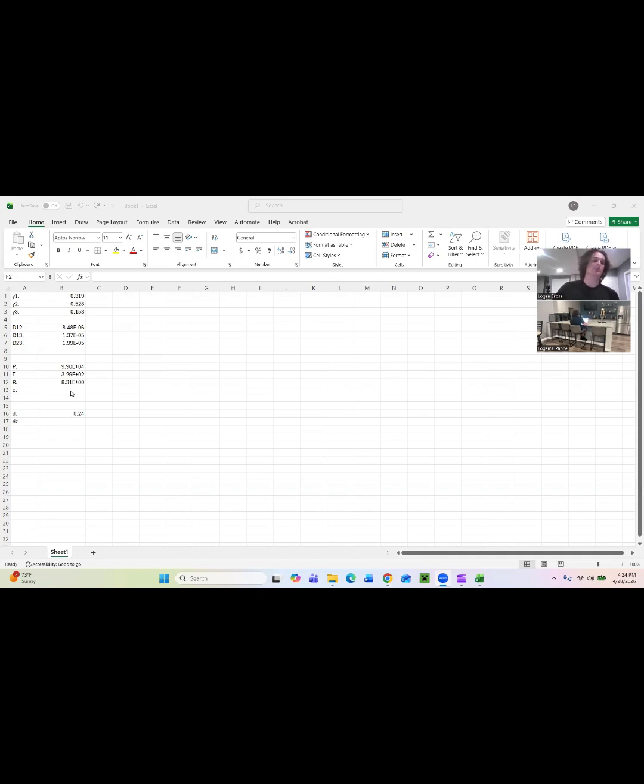So what do we need to put in here? We need to put in our concentration, right? So that's going to be our pressure divided by our temperature times our R. And so that's our concentration value, pressure over RT.